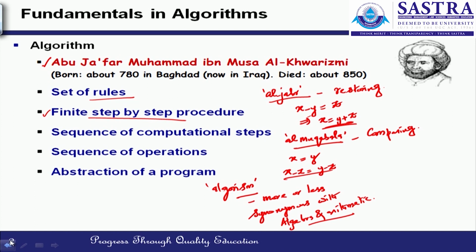An algorithm is nothing but a set of rules for carrying out a calculation, with the help of manual calculation or using a systematic approach, systematic execution. Second, according to Abu Jaber Muhammad ibn Musa al-Khwarizmi, an algorithm is defined as a finite step-by-step procedure that is required to achieve the required result.